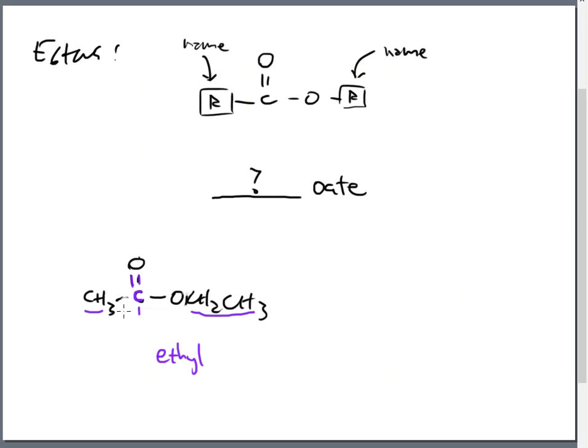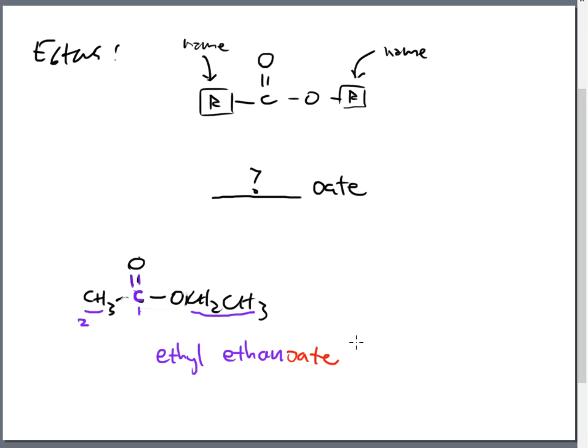It's right there, and I need to go to the left because that's going to be my main parent chain. So there are 2 carbons here, and those 2 carbons normally would be called ethane. There's carbon number 1 and carbon number 2. However, in IUPAC nomenclature for esters, we erase the E, and we add the ending -oate.